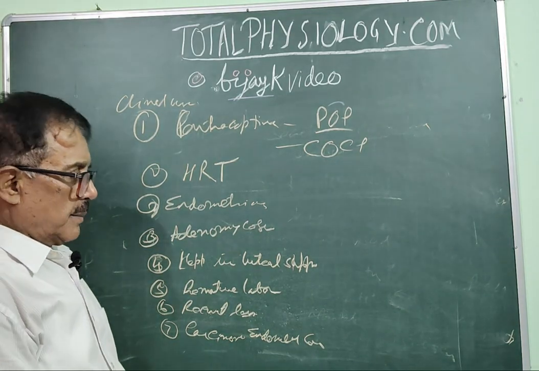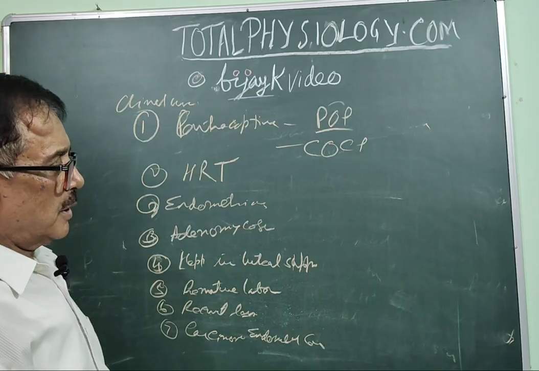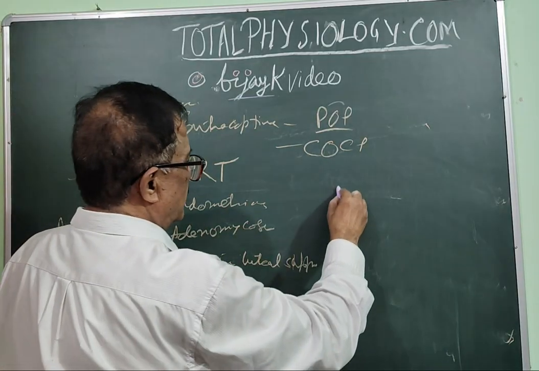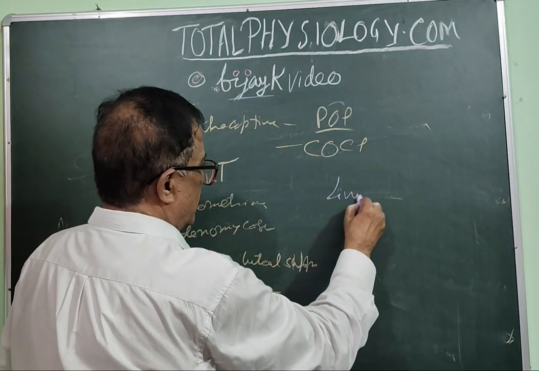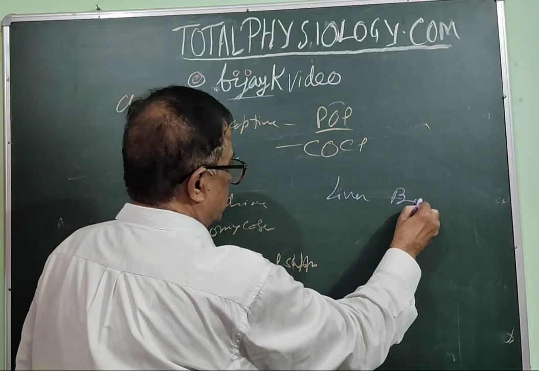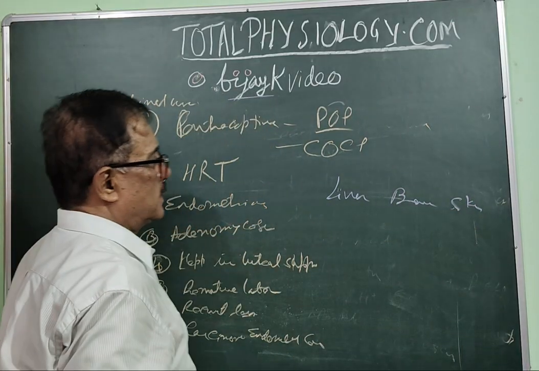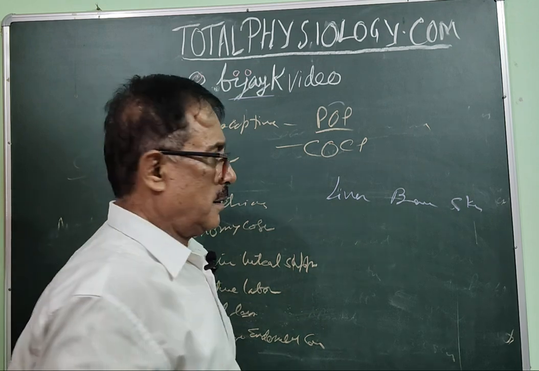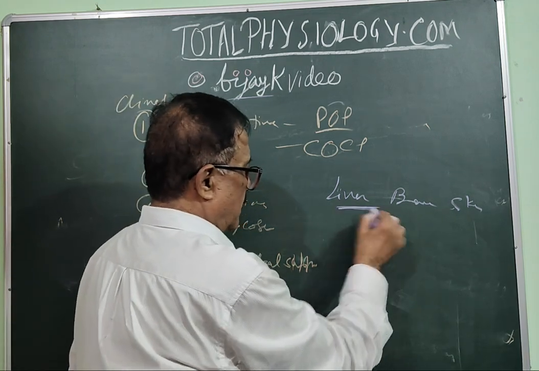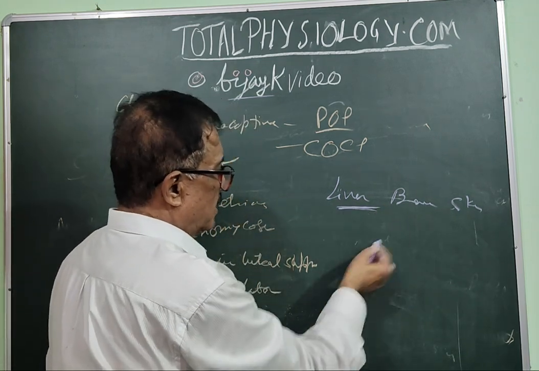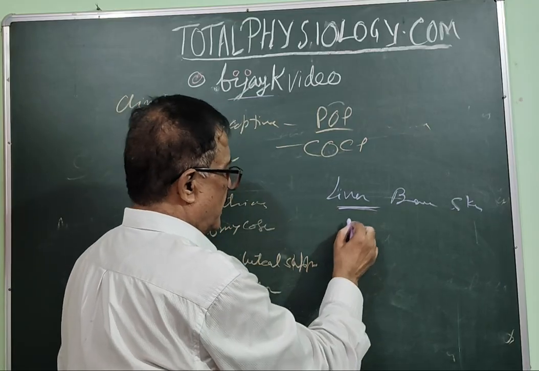Metabolism of progesterone is mainly in the liver, and also in brain and skin. Liver is the main site.